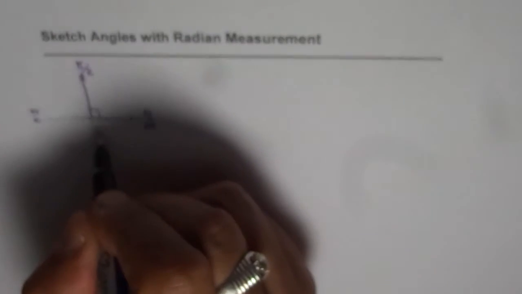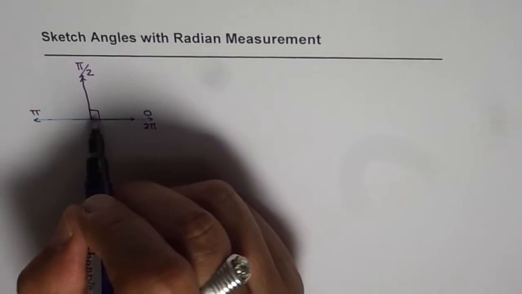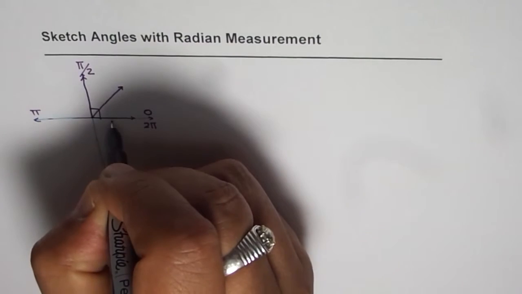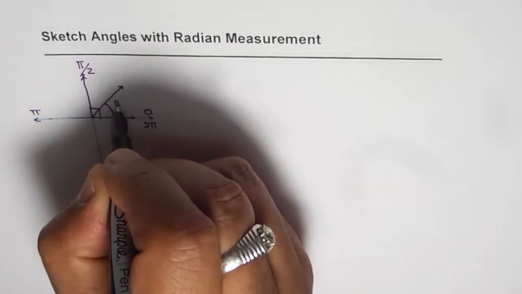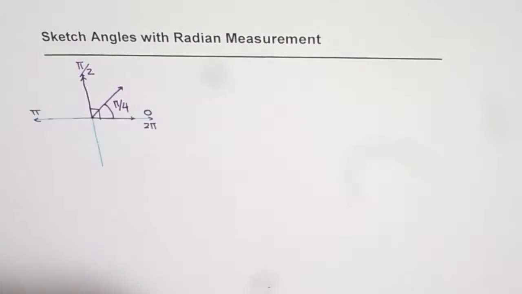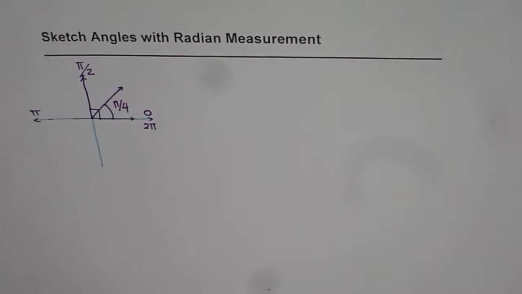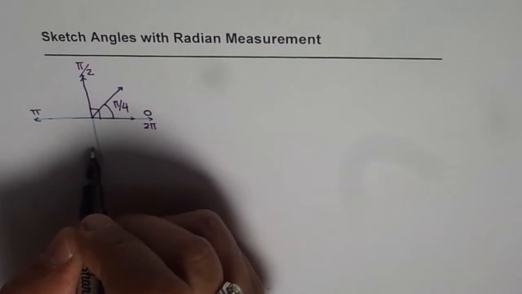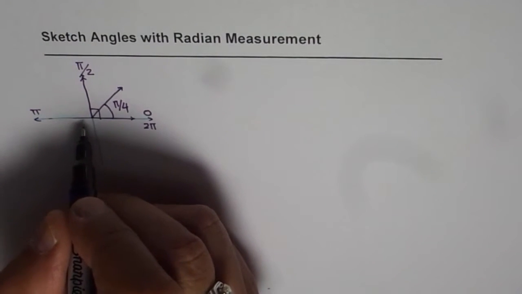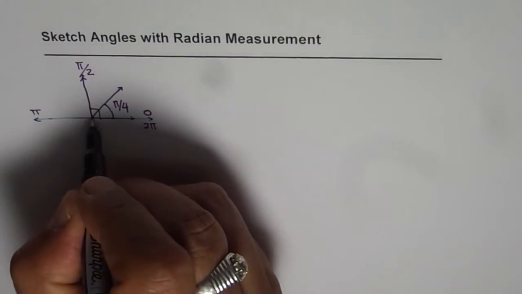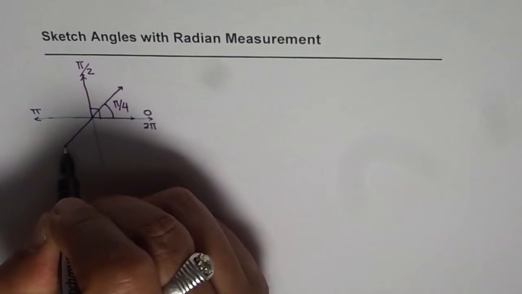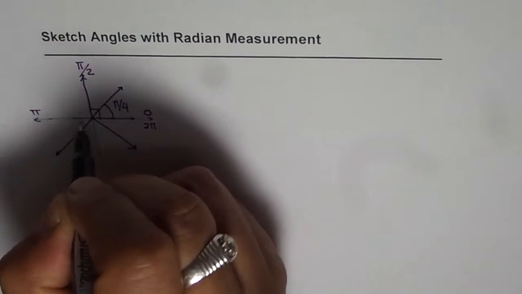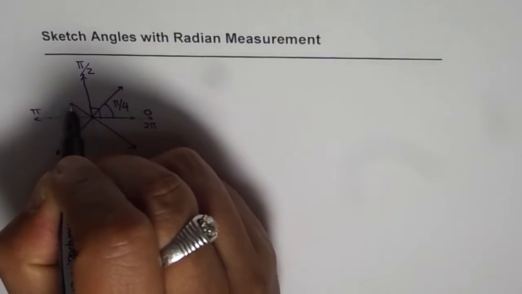Now if I divide this pi by 2 further into two equal halves, then what I get is this angle, which is pi by 4, correct? Half of pi by 2. Similarly, if I divide each quadrant into equal halves, I get related angles with pi by 4 multiples, correct?